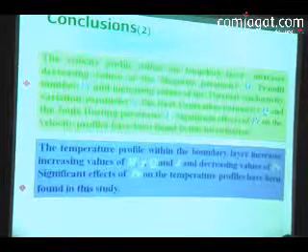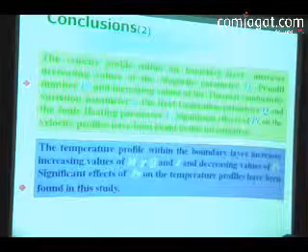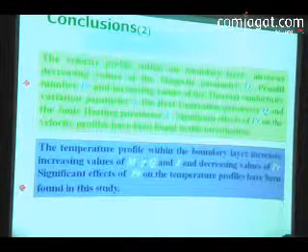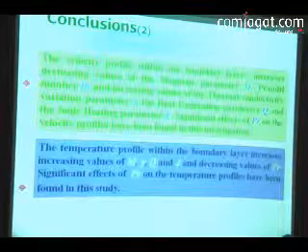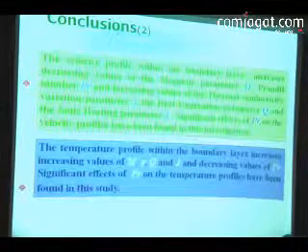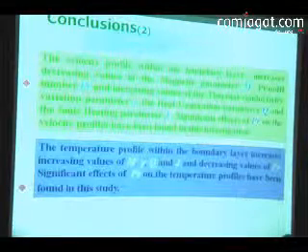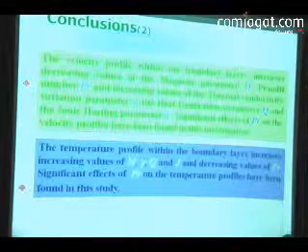The velocity profile within the boundary layer increases with decreasing values of magnetic parameter and Prandtl number only, and with increasing values of thermal conductivity, radiation parameter, heat generation parameter, and Joule heating parameter.